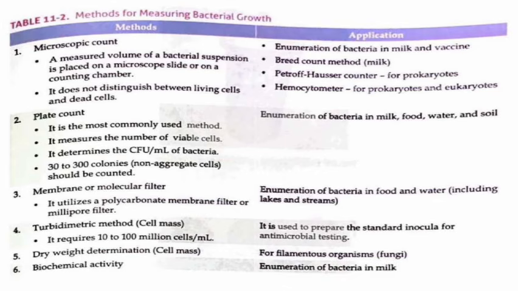So, usually 30 to 300 colonies po should be counted. So in terms of turbidimetric methods naman or cell mass, usually po it requires 10 to 100 million cells per ml of your bacteria to produce turbidity, okay, or a physical turbidity. So this is used naman to prepare standard inocula also for antimicrobial testing.